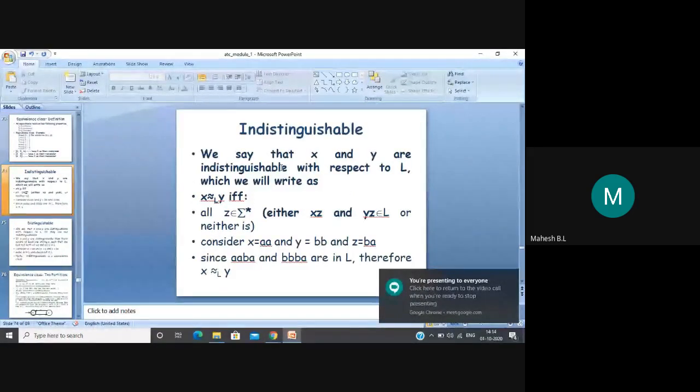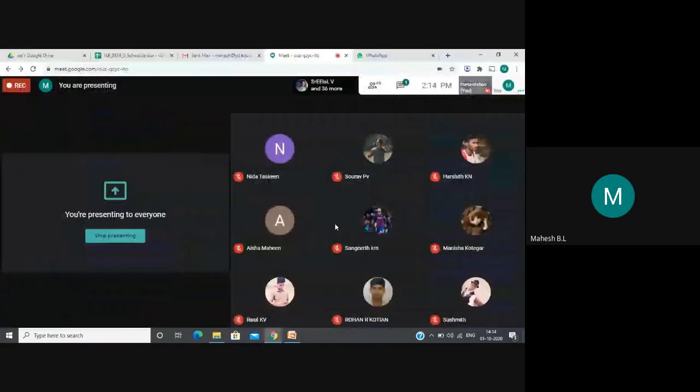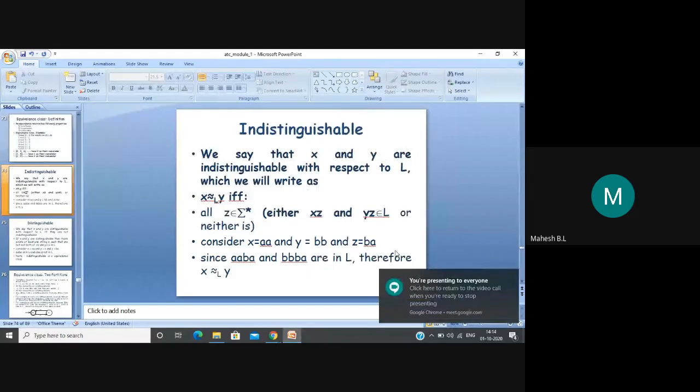So we say that x and y are indistinguishable with respect to L, which we'll write as x is indistinguishable from y in language L if and only if for all z belonging to sigma star, either xz and yz both belong to L or neither is a part of L. Consider x equal to AA, y equal to BB and z equal to BA.